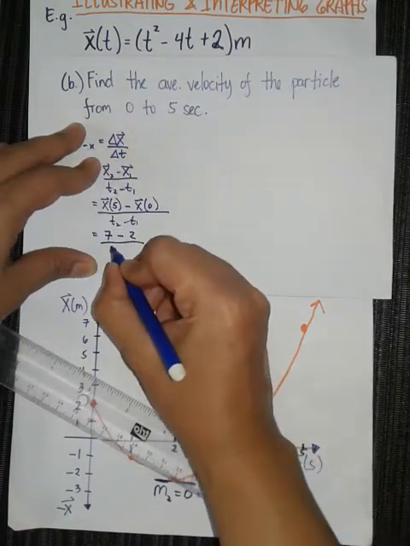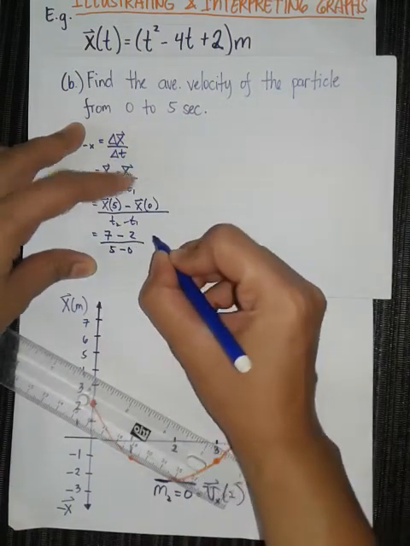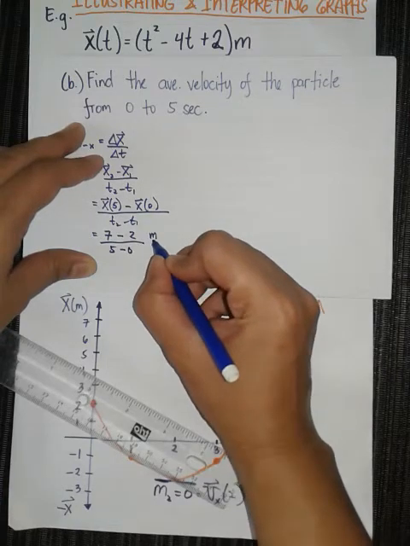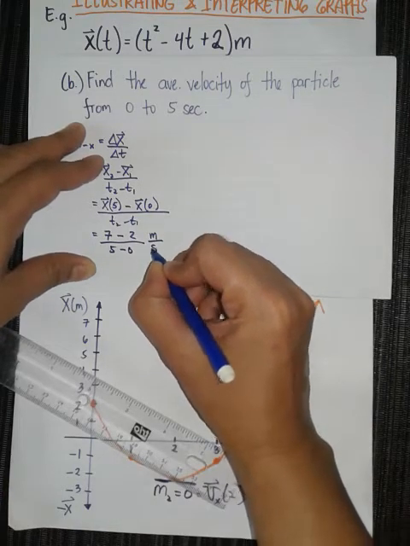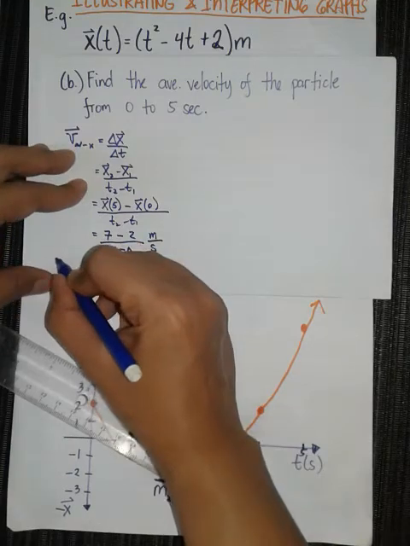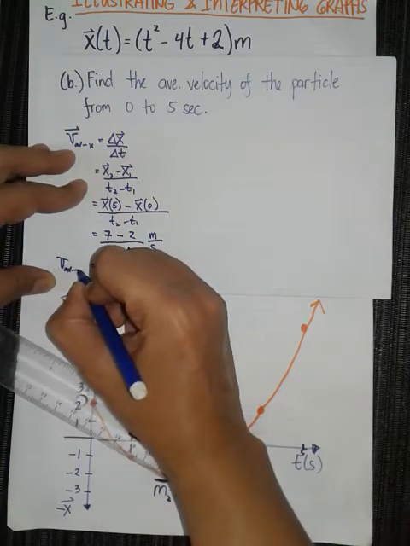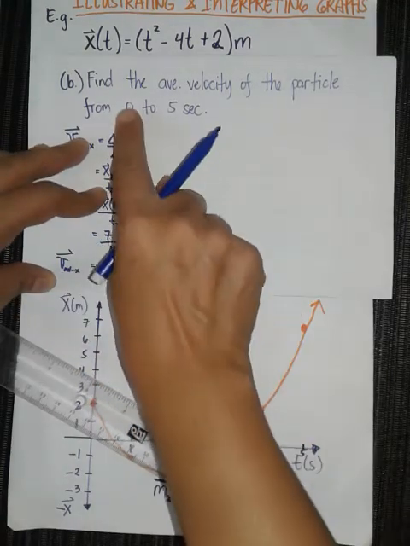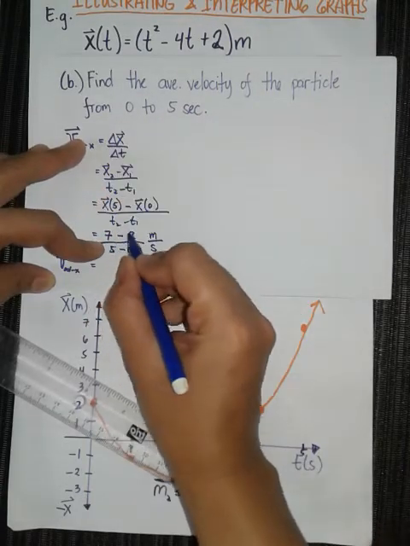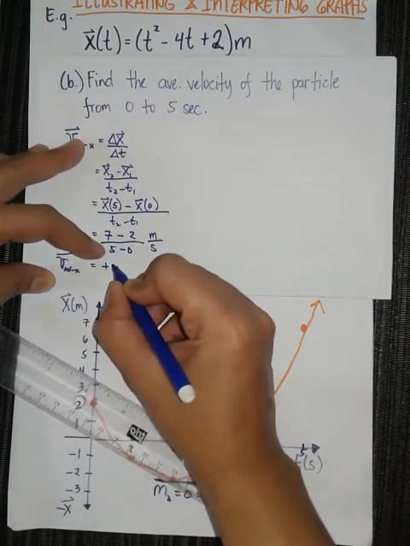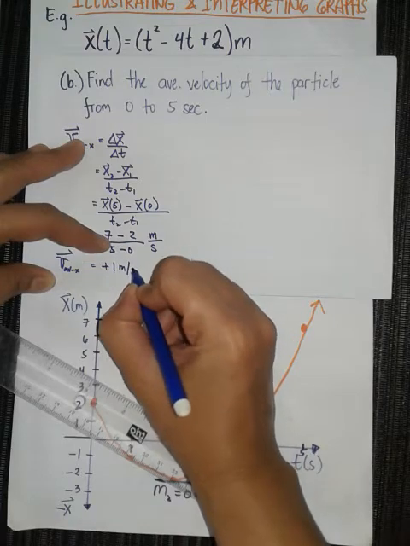Final time is 5 seconds. Initial time is 0. So our unit is meter in the numerator and second in the denominator. So the average velocity of this particle between 0 to 5 is 5 over 5, it's positive 1 meter per second.